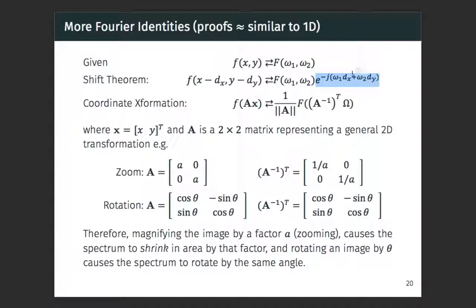It's a pointwise multiplication of all your Fourier transform points by this function, the exponential of minus j omega 1 dx, and so on. If you take the norm of that, the norm of this factor is 1. It's just an exponential, so it's not changing the amplitude of the frequency. If you look at the power spectrum, which only looks at the amplitudes of your frequency, it stays the same.